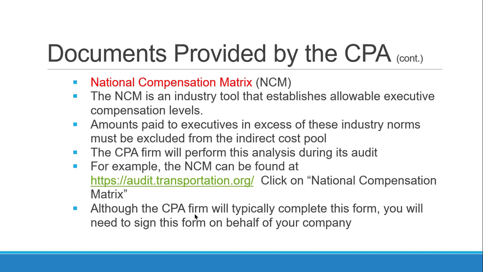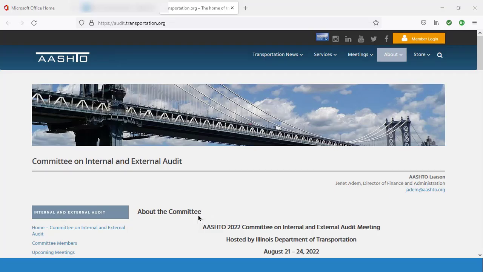If you want to see what an NCM looks like, you can click on this following link, https://audit.transportation.org. I clicked on that link, and I am directed to the AASHTO homepage, which was previously illustrated.